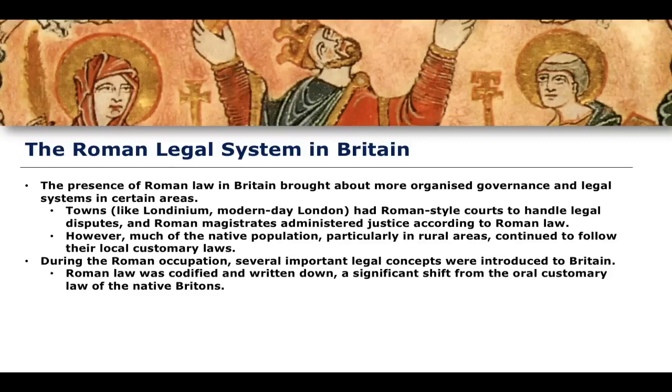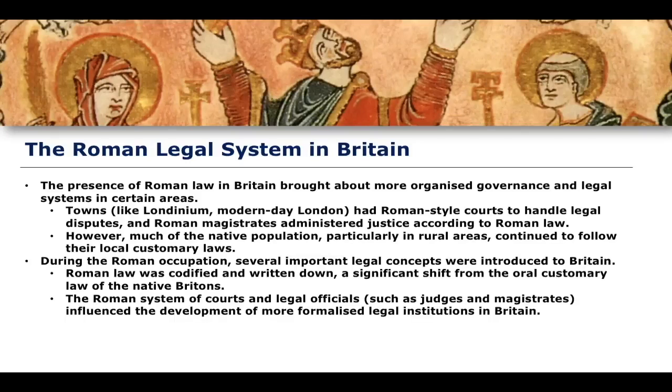It was written down, unlike the customary laws and traditions that existed within the rural areas of English society. A significant shift we see, obviously, from the oral customary law of the native Britons. The Roman system of courts and legal officials, such as judges and magistrates, would eventually come to influence the development of a more formalized legal institution in Britain.